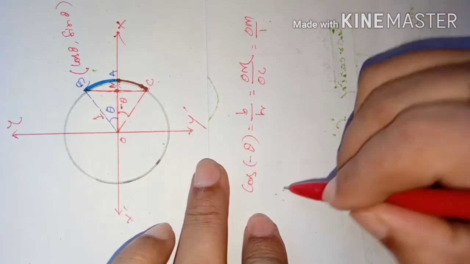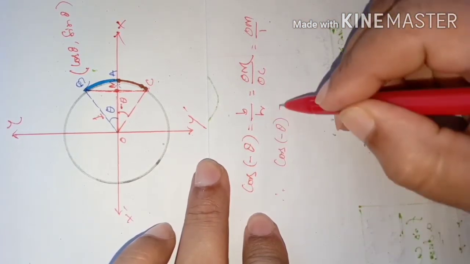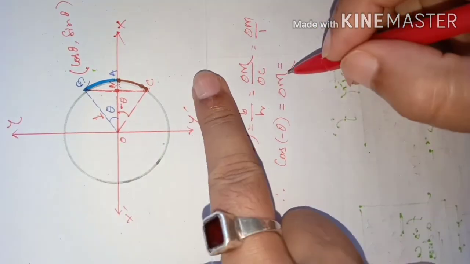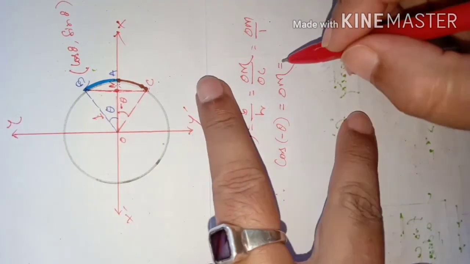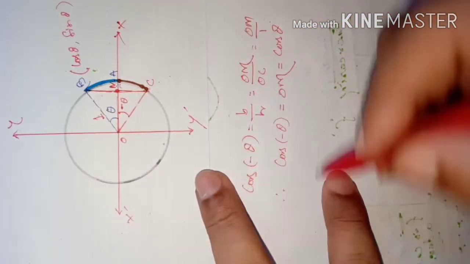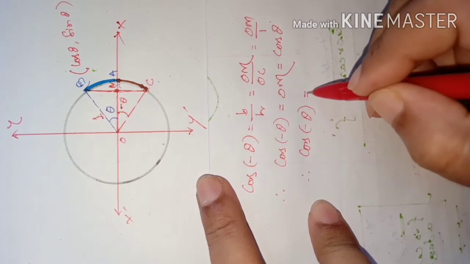So ultimately cos of minus theta is coming out as OM, and its value is cos theta. Previously we got OM equal to cos theta only. So at the end we got that cos of minus theta is nothing but cos theta.